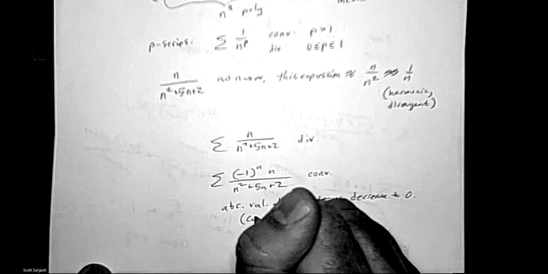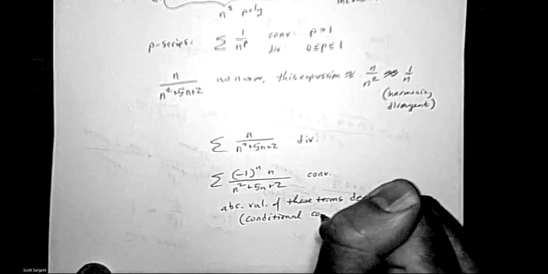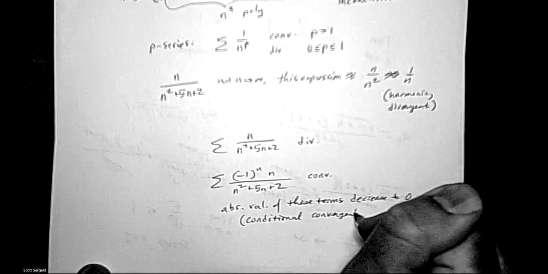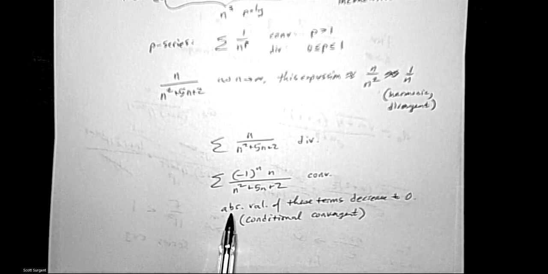It'll converge slowly. This is actually conditionally convergent. What that means is that without the blinker, it diverges. With the blinker, it's an alternating series, plus, minus, etc., and it converges. So when you're on that boundary, it's called a conditionally convergent series.